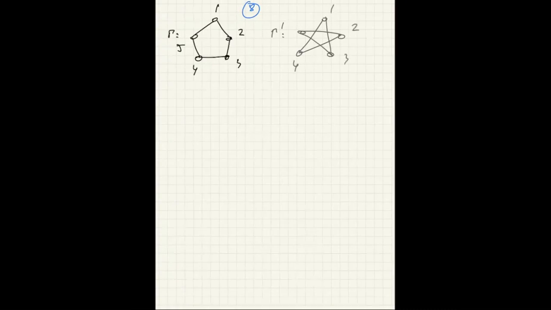Now, here are some other examples for which I'll leave you to figure out the answer. If I give you the graph gamma like this, let's say 1, 2, 3, 4, 5, and I have gamma prime, this graph, let me label it the same way.